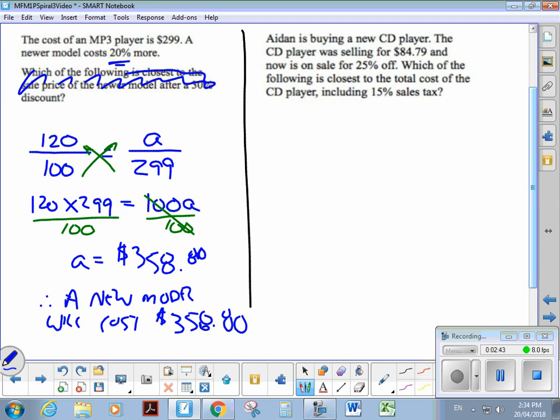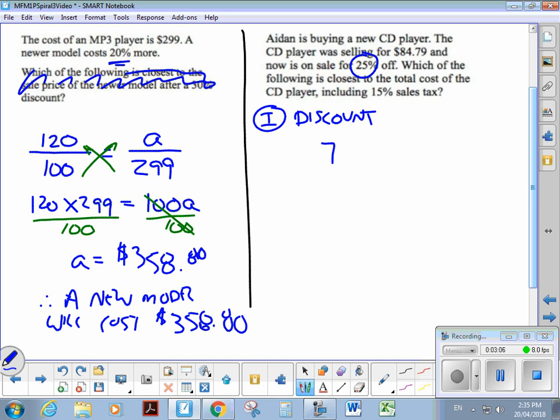So we're just going to solve it. We're not worried about which of the following it's closest to. This is a two-stage problem, as we've talked about in previous questions. The first one is you've got to find the discount. Okay, you've got to find the new price. All right, so 25% off. If it's 25% off, how much are you going to pay for?